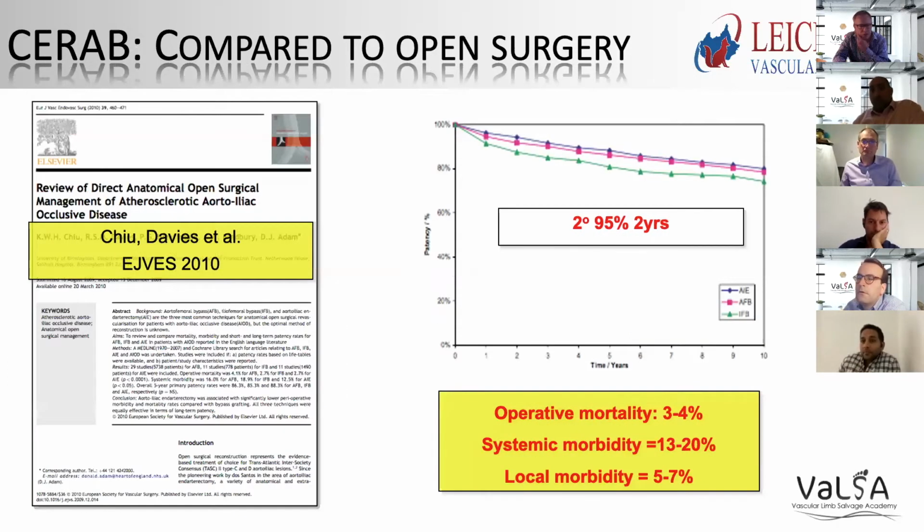If we take systematic reviews of open surgery, this is what I did 10 years ago. To be fair, most of the large series in this area are from the 90s and the early 2000s. And yes, you do get perhaps a bit better patency rates from an aorto-bifemoral or ilio-femoral bypass or endarterectomy.